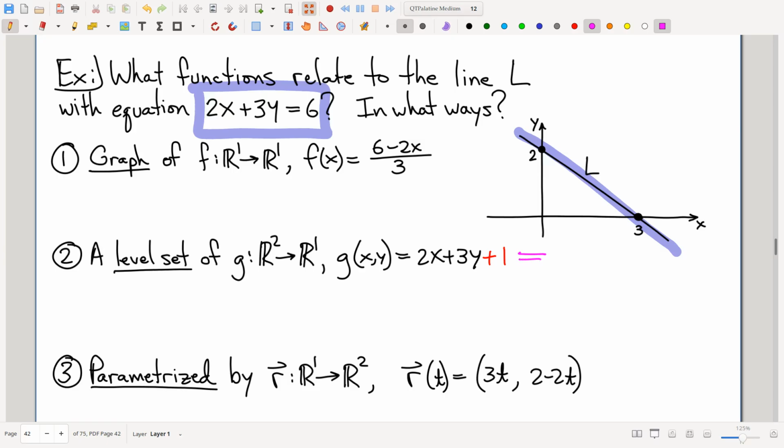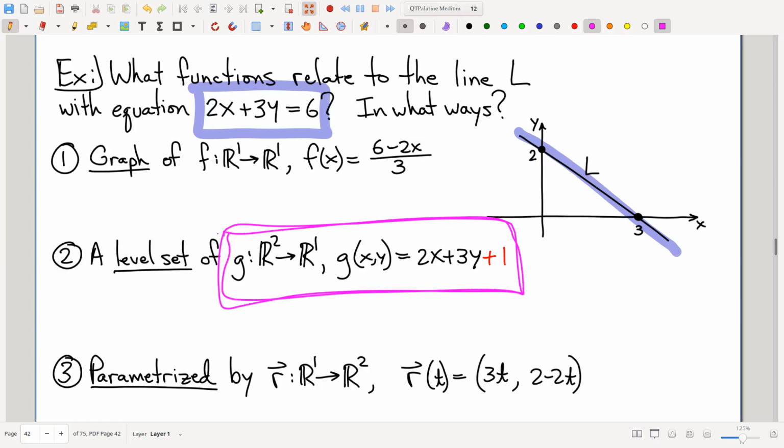It's when I set this equal to 7 that I get an equation equivalent to the equation of the line. But nevertheless, it is a level set of this function. Let me be clear. It's a level set of this function. It's just a different level set because I wrote down a different function. Does everybody see what happened there? This is arguably kind of silly, but for whatever reason you want to do that, you could.